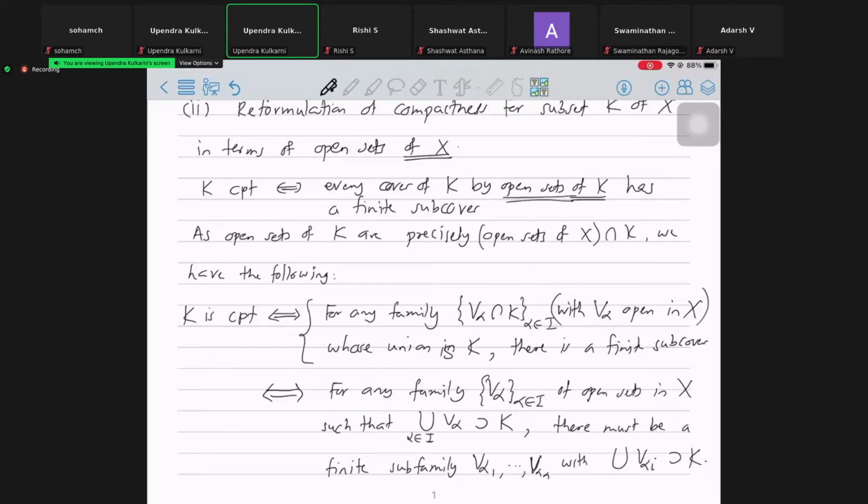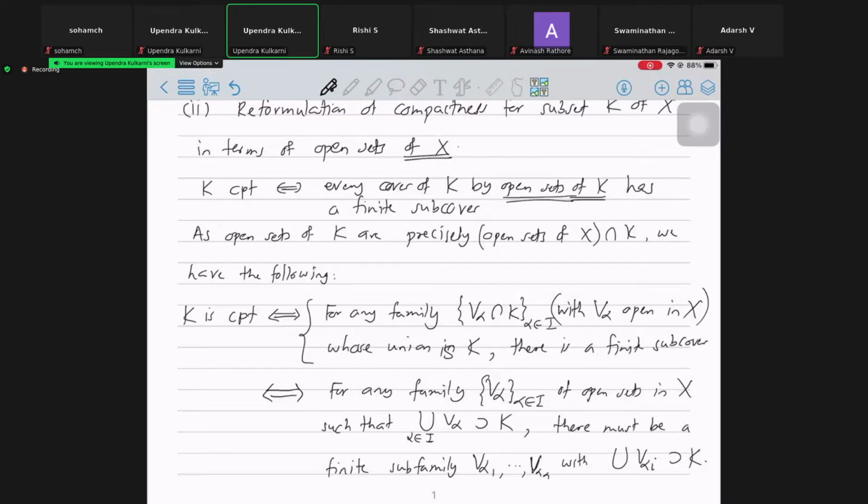And from this, I can get a cover in the original sense just by intersecting these open sets with the subset itself. So this is a very simple set theoretic point, and I hope that there is no confusion about this.